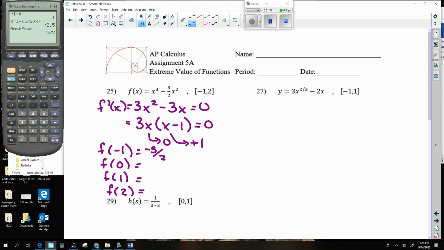So I did a couple of different things there. When I got this decimal answer, I hit math and then enter, enter, and that gives it to me, if possible, as a fraction, -5 over 2.